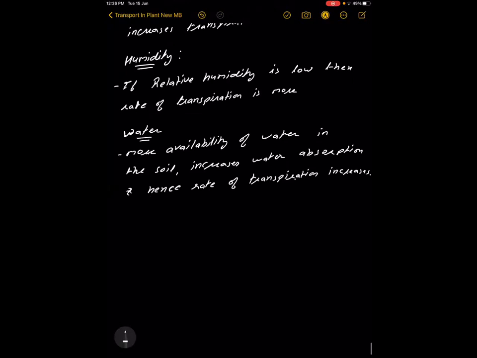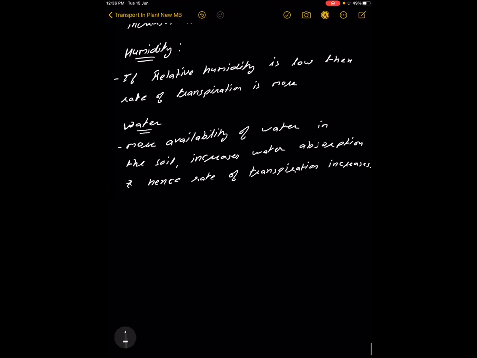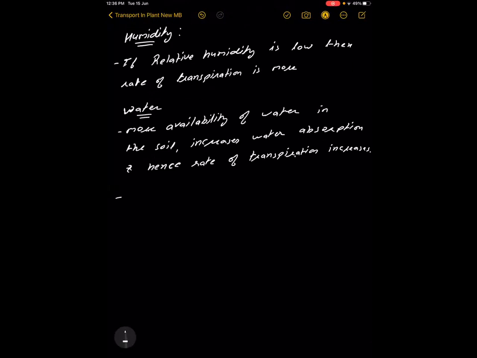If water absorption is stopped, no transpiration occurs.